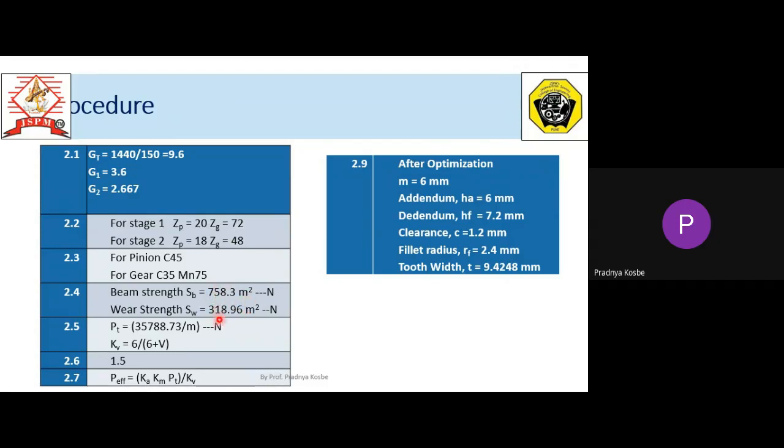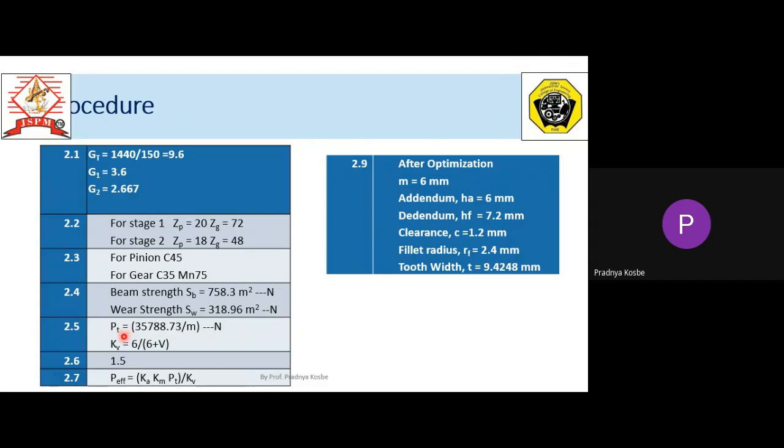Now when you compare beam strength and wear strength, SW is less than SB. That means wear strength or pitting failure will be the design criterion, right? So the design will be based on wear strength.